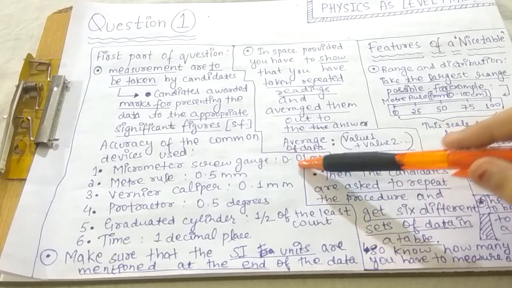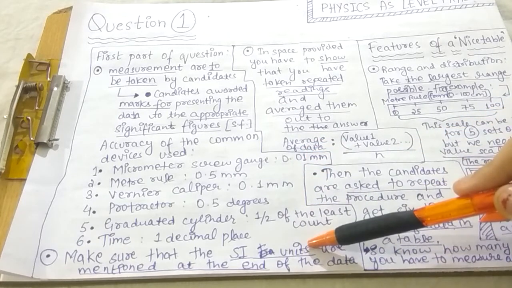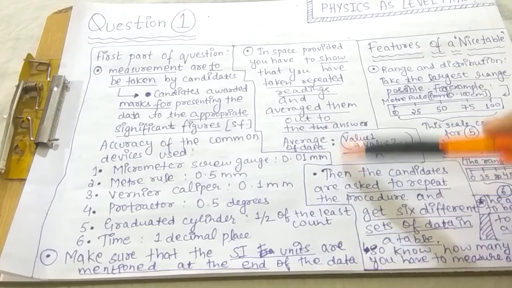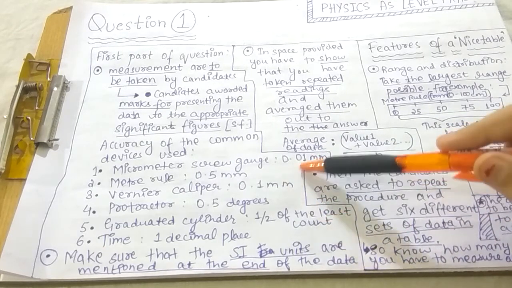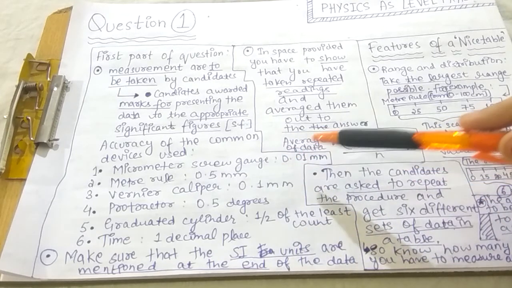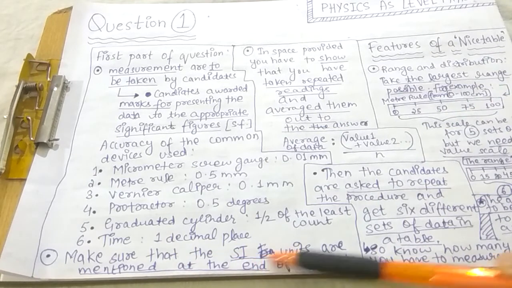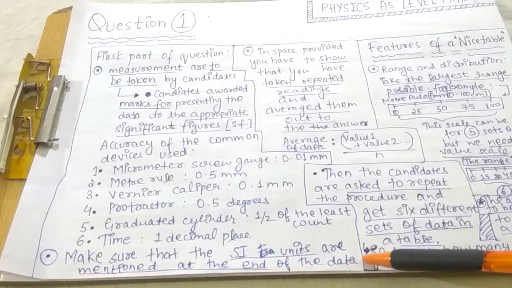I'll make a video on each of the devices, because it's also necessary in the theory portion. But right now we are talking about the practical, so you should know the accuracy of the common devices used.